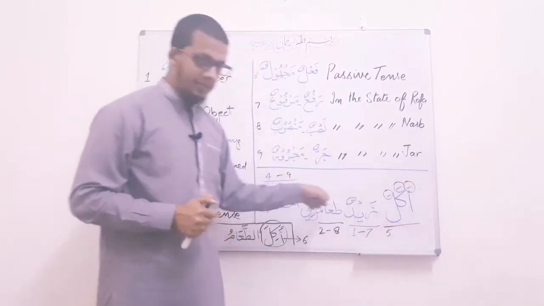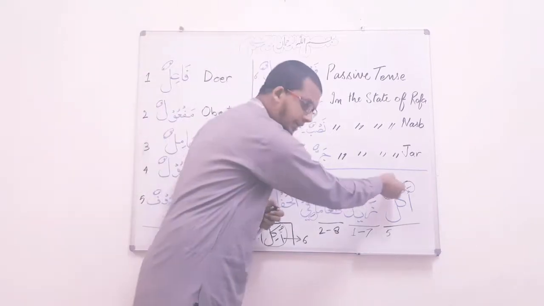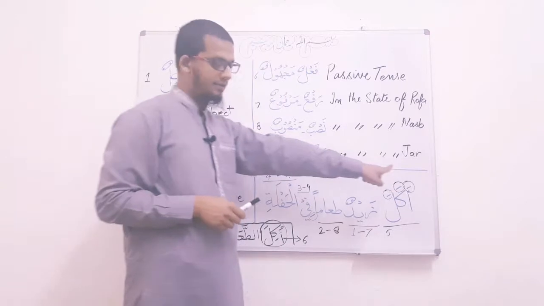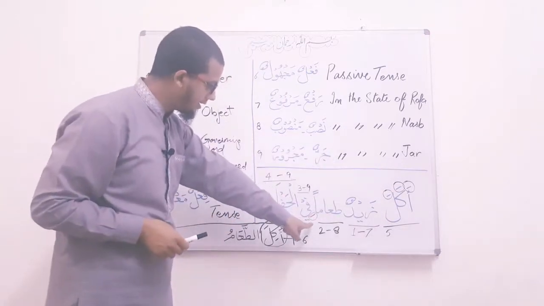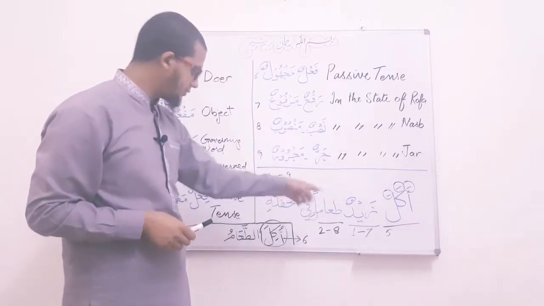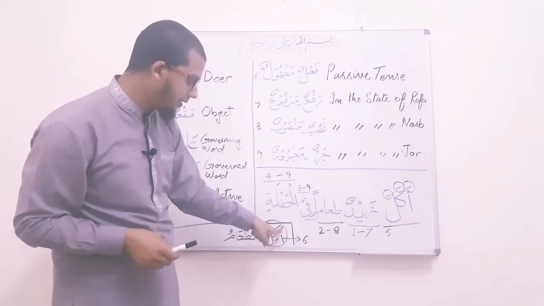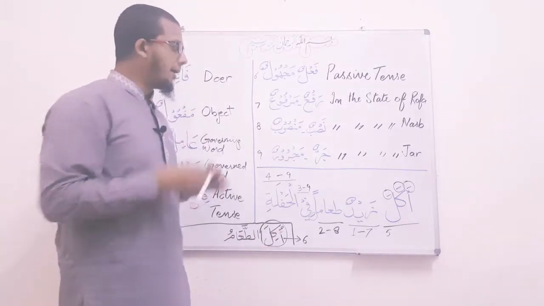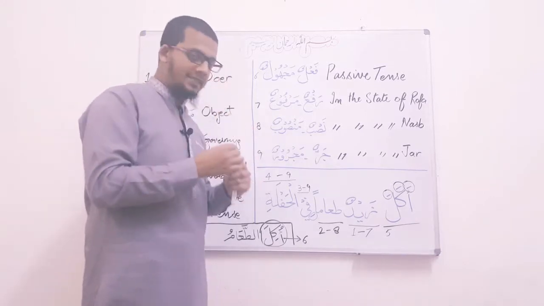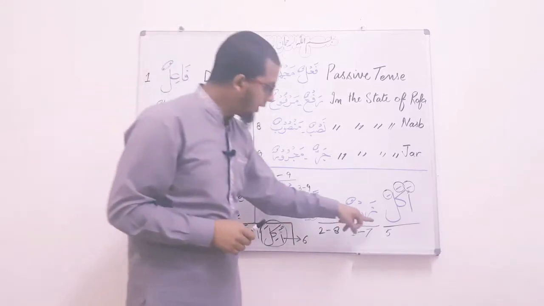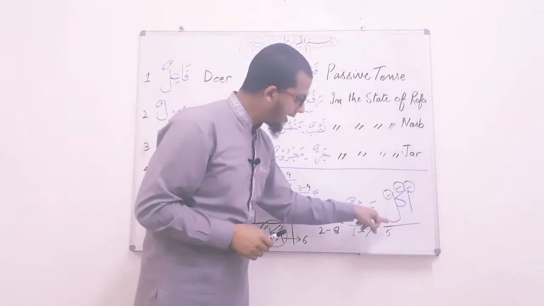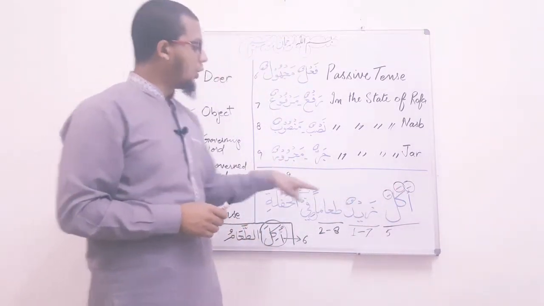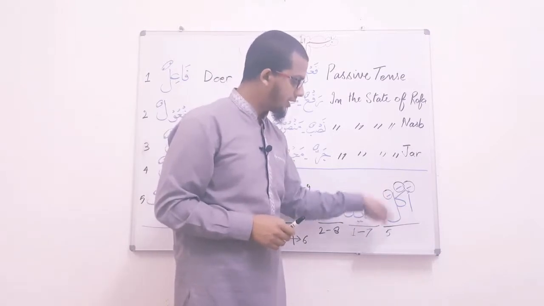All these symbols, when they are written here, we call them that this is fatha, this is kasra. And for example, here we have this one, we will call it dhamma.